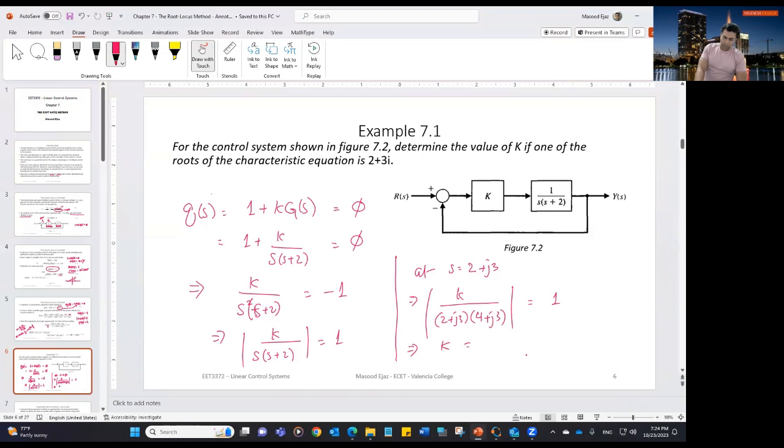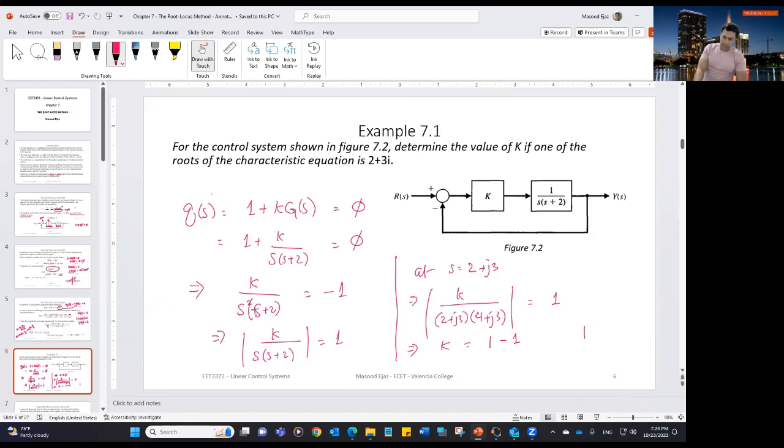So K will be equal to the magnitude of 2 times 4 is 8, j3 times j3 is negative 9, negative 9 plus 8 is negative 1.